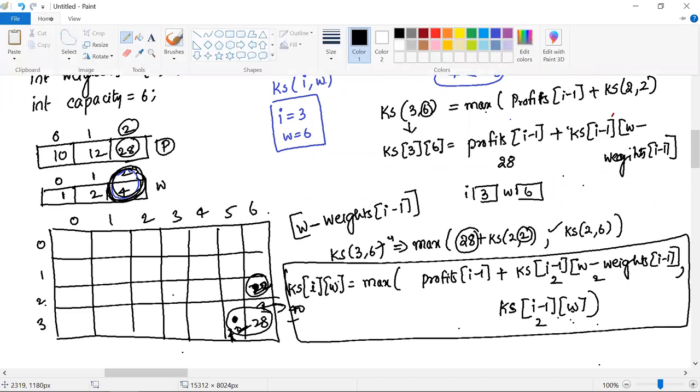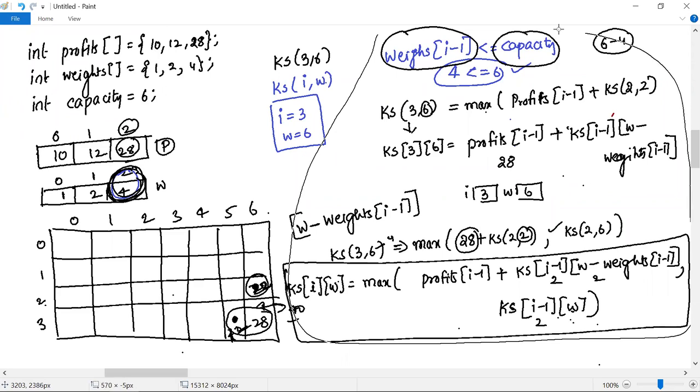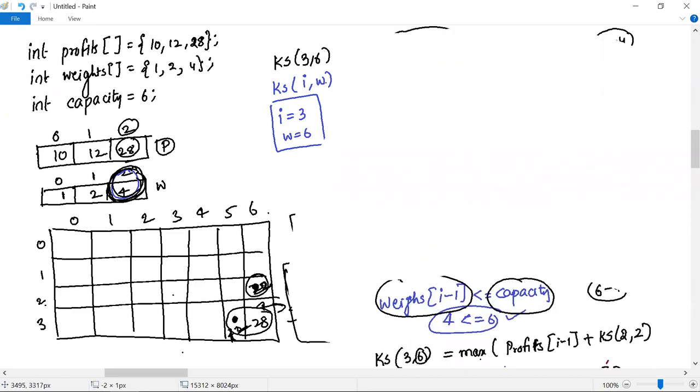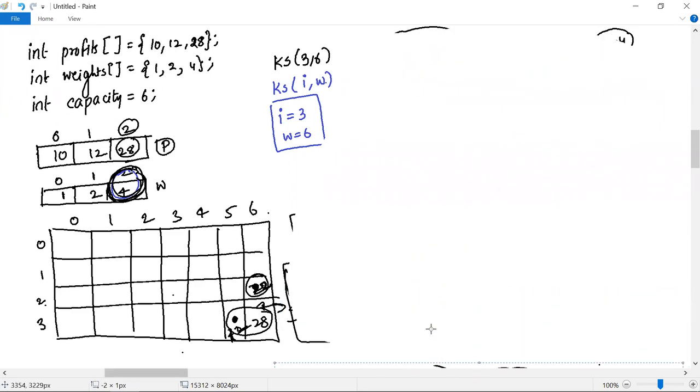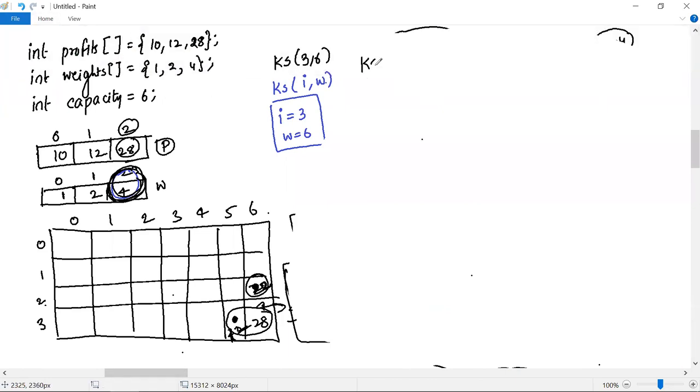Assume another case. Let me take this case. Let us take Ks of 3 comma 1. What is the meaning? The value of I is 3. The value of W is 1. The current capacity is 1, and totally we are considering 3 objects, right?